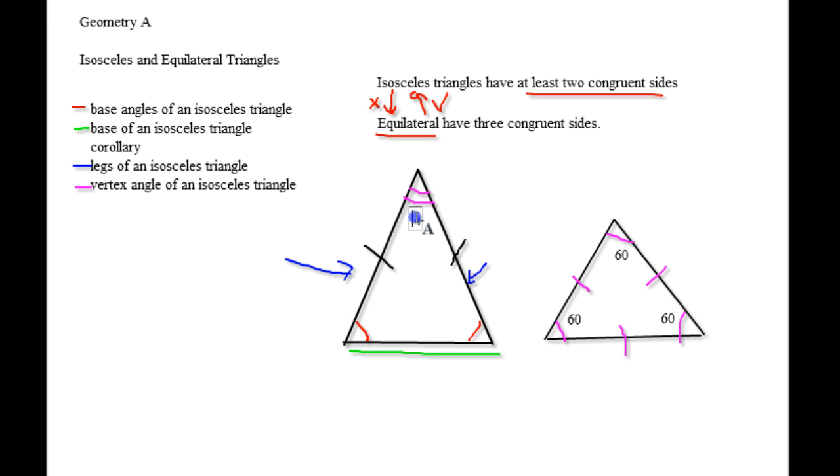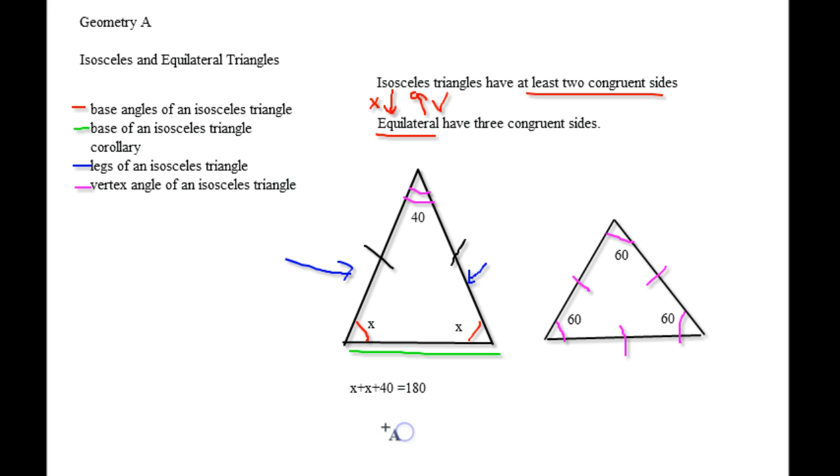Now, if I do know this angle is like 40, and I don't know these other two, you're probably thinking, wait, I need at least two angles to figure out what the size of the triangle is. Well, I do know that these are both like x's. So that's pretty simple. So I just go x plus x plus 40 equals 180.